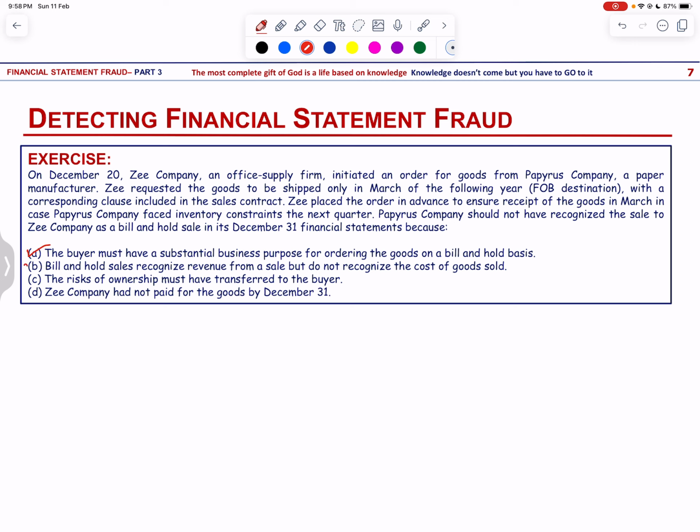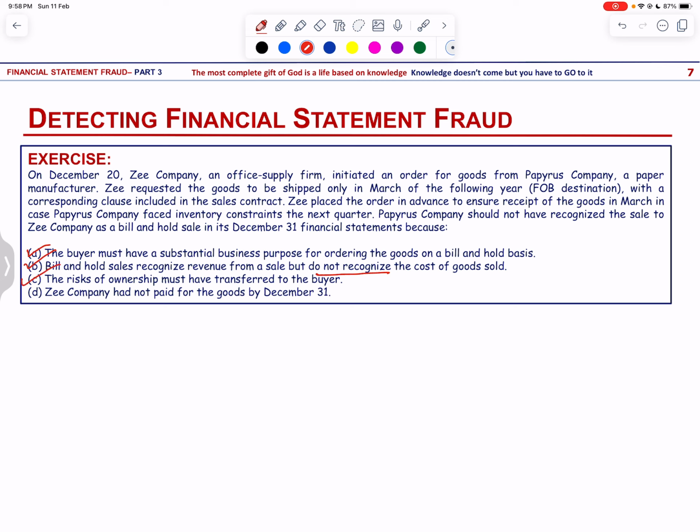Option B, bill and hold sales recognize revenue from a sale but do not recognize the cost of goods sold. Now, option B is inaccurate because in bill and hold sales, both the cost of goods sold and sales revenue are recognized.